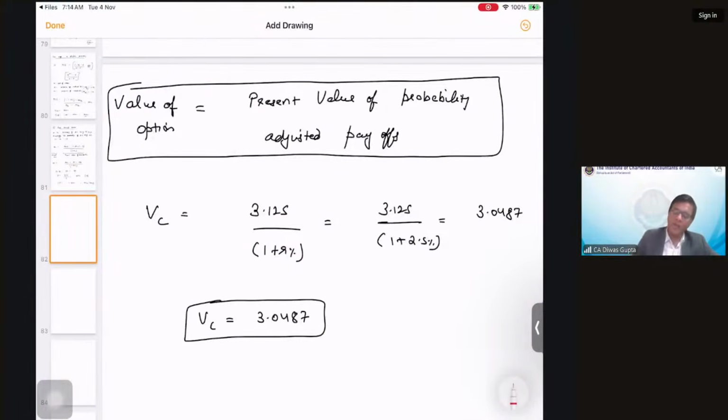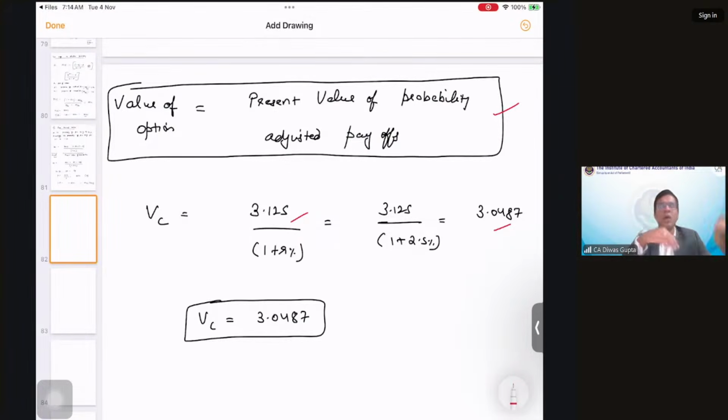Okay. So the value of the option is the present value of probability adjusted payoffs. So whatever is the value of the option coming out to be after 3 months, that has to be taken at the present value, which was 3.125. It comes as 3.0487. So the concept is very simple. In the binomial model, there can be only two possibilities when it comes to the pricing of an equity share or maybe any other underlying.